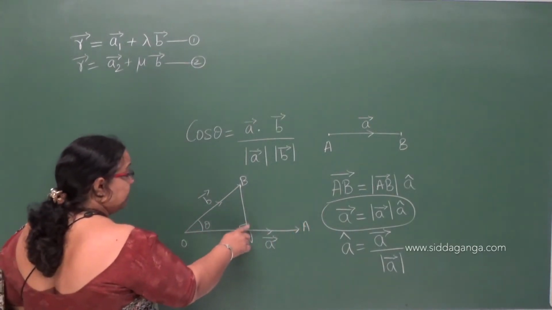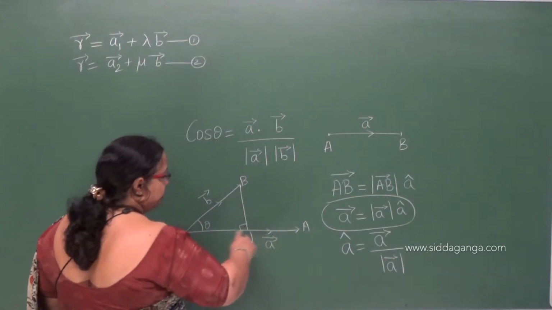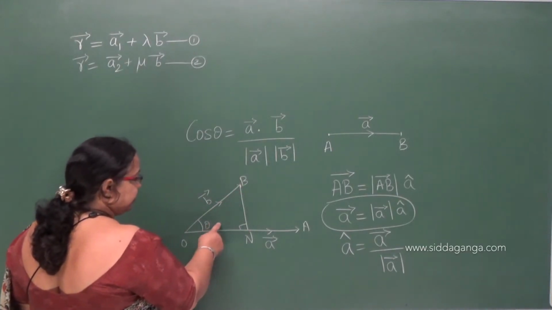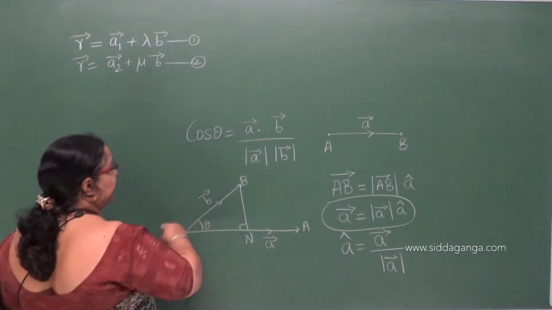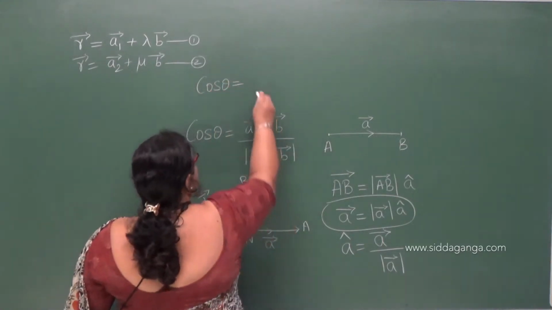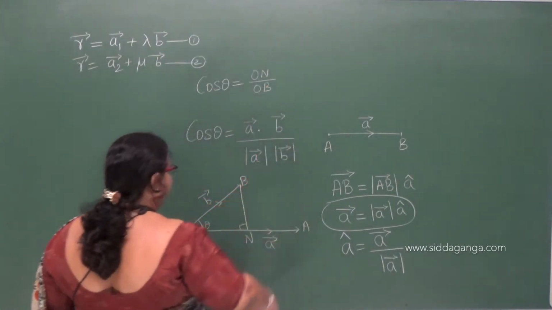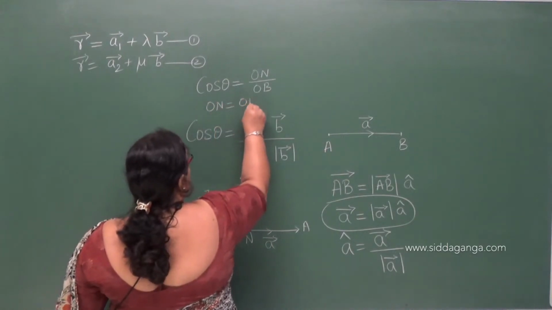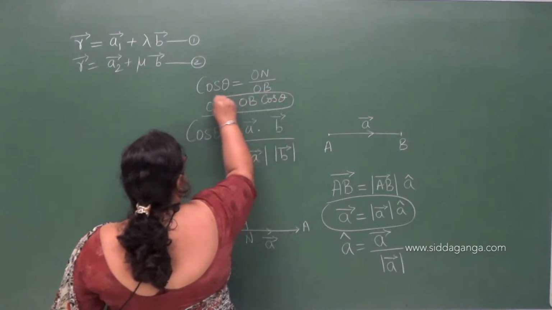According to that, ON becomes the adjacent side here. So here we define cos theta. Cos theta equals adjacent side ON over the hypotenuse OB. Therefore, ON equals OB into cos theta.